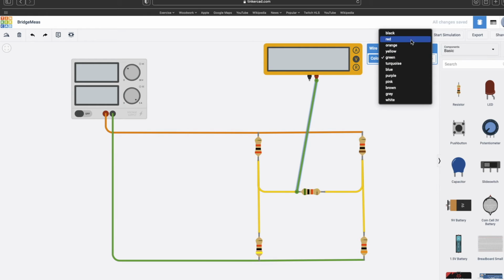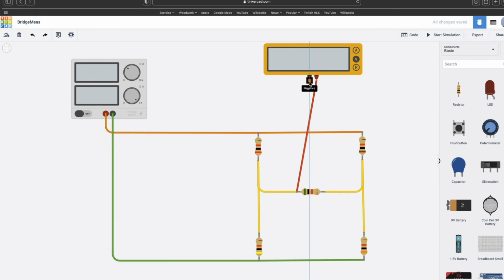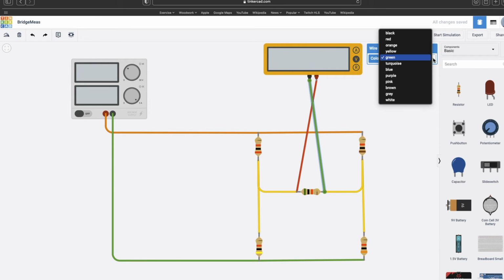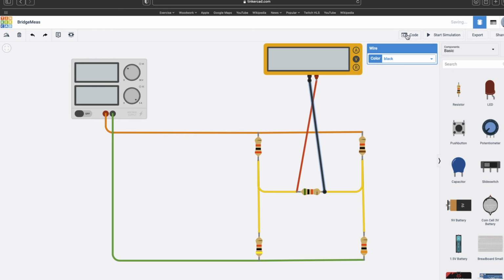I'll make that red. The minus to the other end of the resistor, and I'll make that black. So we've basically hooked it up exactly as we drew it in our diagram. And now if we start our simulation, V1 is negative 588 millivolts.